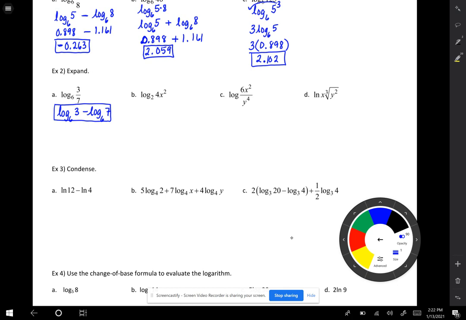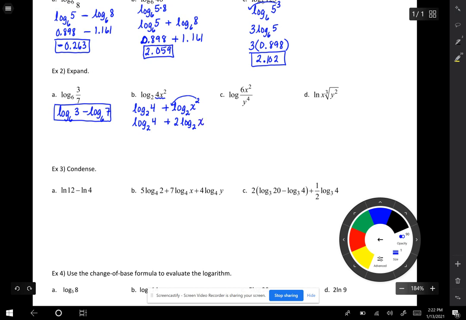This is a product. You're multiplying these two things together. So the first one you want to use is the product property: log base 2 of 4 plus log base 2 of x squared. You have to expand it completely. Log base 2 of 4 plus, bring this out to the front, 2 log base 2 of x.